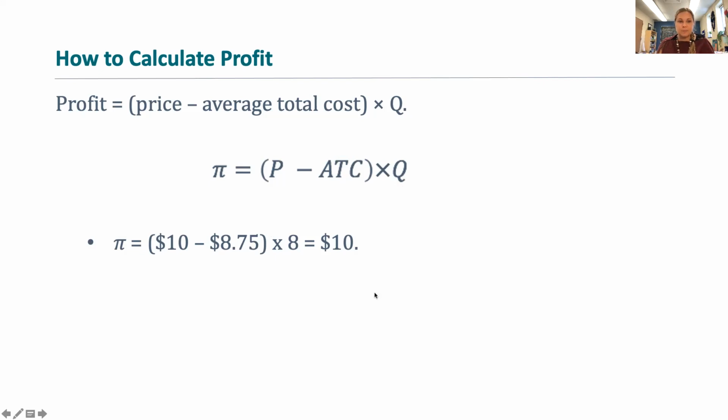So for example, profit here would be the $10 price minus the average total cost, $8.75. So that's going to be $1.25. And then $1.25 times the 8 units I'm producing is $10. That's how I would calculate my profit for producing exactly 8 units of output.